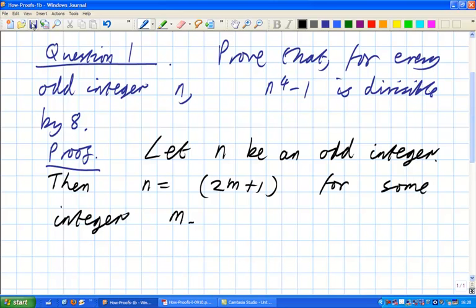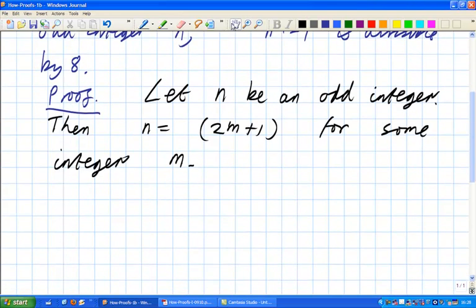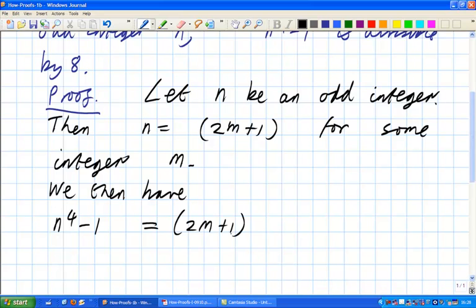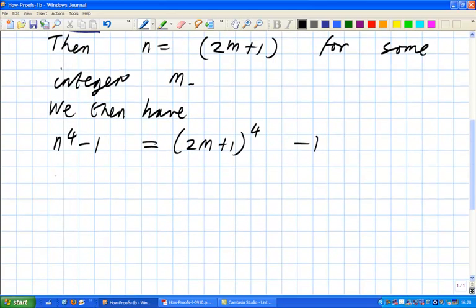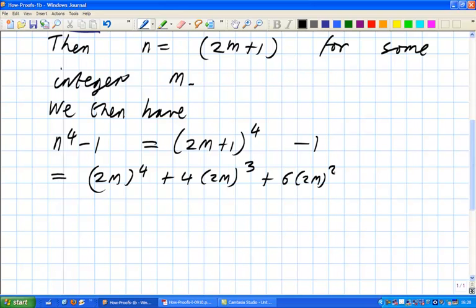So n to the fourth minus 1 we can do using the binomial formula. So n to the fourth minus 1 is 2m plus 1 all to the fourth minus 1, which is equal to (2m) to the fourth plus 4 times (2m) cubed plus 6 times (2m) all squared plus 4 times 2m plus 1.